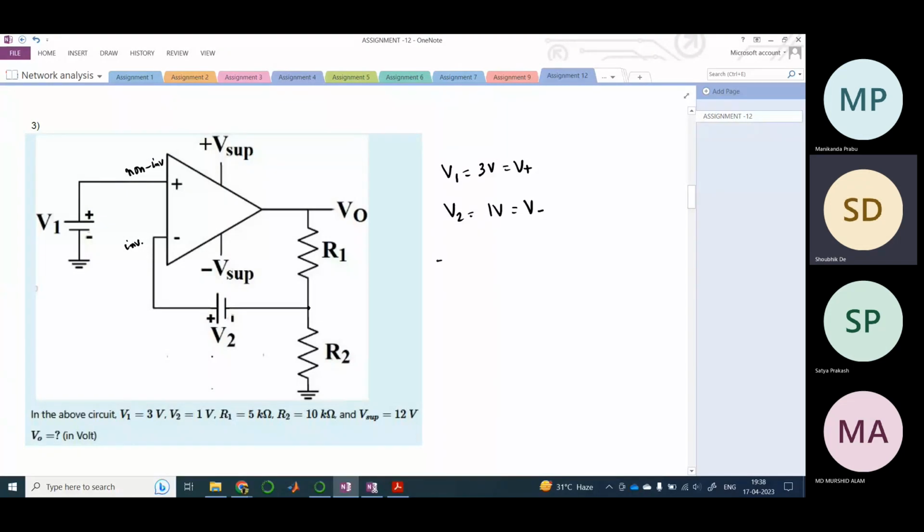So in such a case, the equivalent voltage that would appear here would be V plus minus V minus, because this is a non-ideal op amp and we can't apply the virtual short circuit principle. Therefore this would be 3 minus 1 equal to 2 volt applied here.